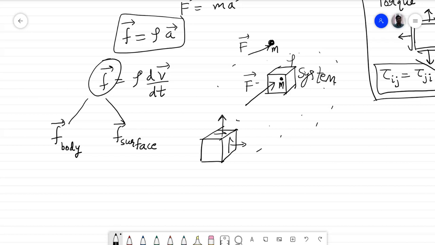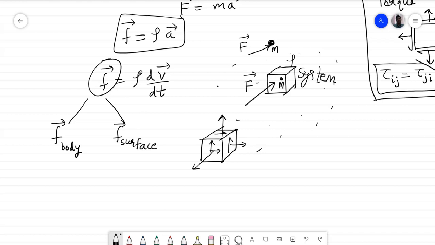If I show these stresses, just a few components I have shown, there are several other components on each face. So these stresses are surface forces because they act only on the surface of this element, not inside this element.